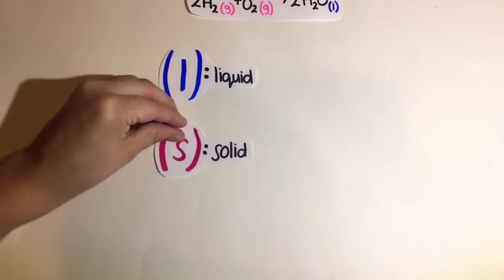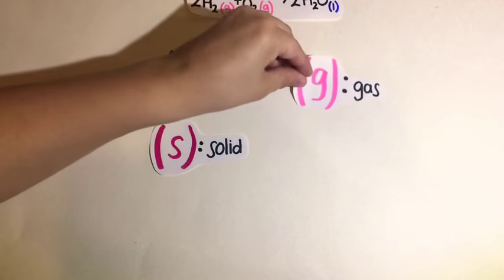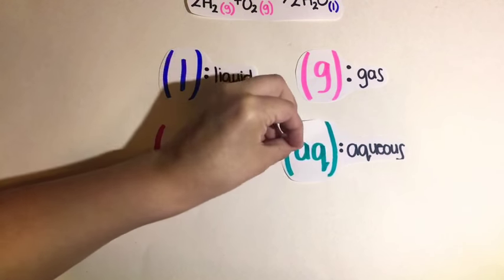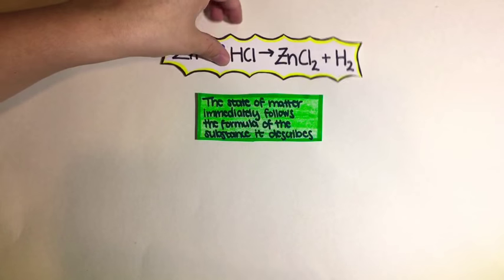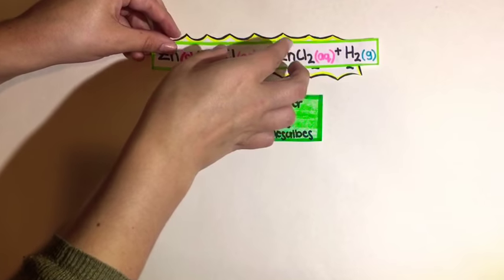L represents liquid, S represents solid, G represents gas, and AQ represents aqueous. Knowing the symbols for the states of matter gives us the opportunity to finish our equation by putting the states of matter after each substance, which is solid, aqueous, and gas.